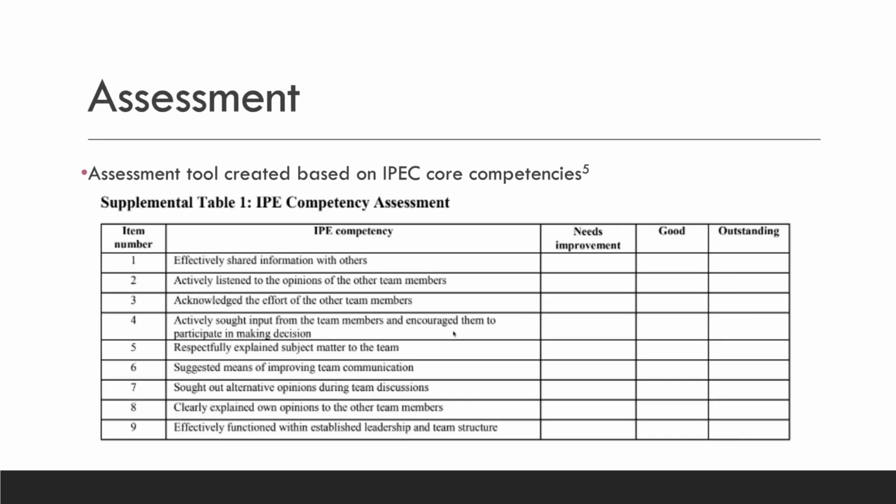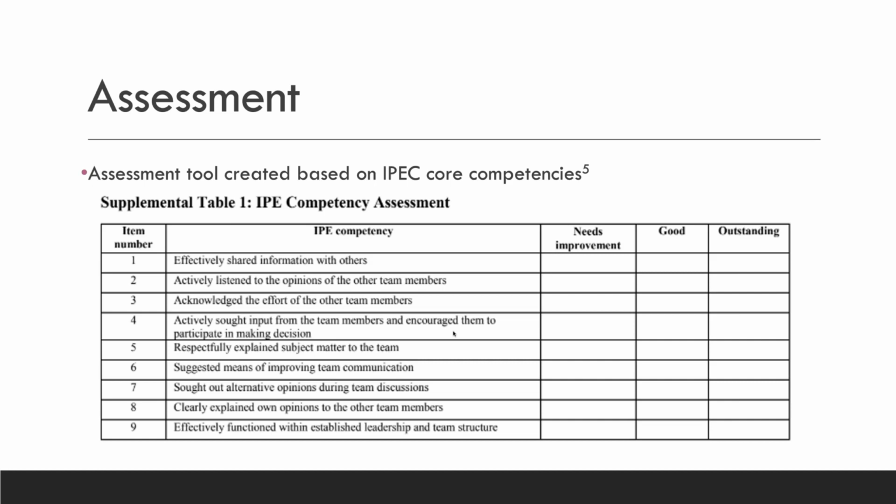Now, looking at the assessment, we developed this assessment based on the IPEC core competencies, and this was a 9-item assessment that was completed altogether by the faculty, the standardized patient, and the peer participants evaluating each other. So they received a 0 if it needed improvement, a 1 if they got good, and a 2 for outstanding.